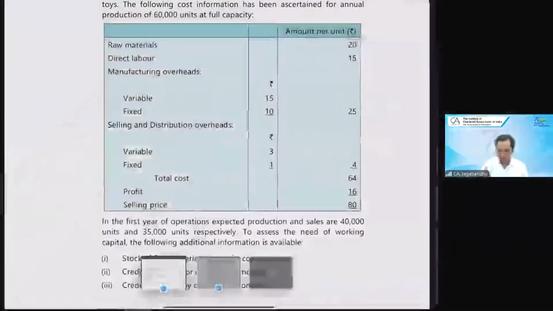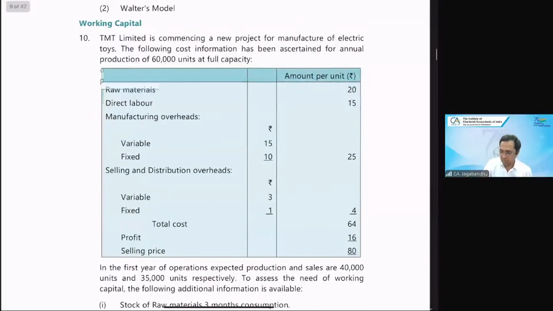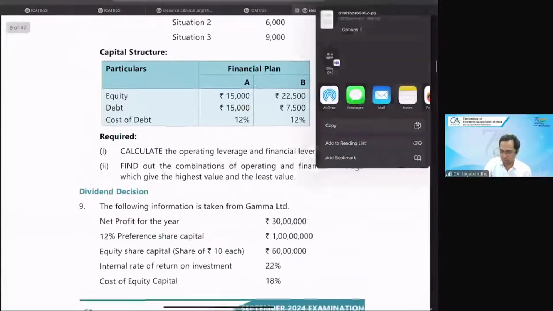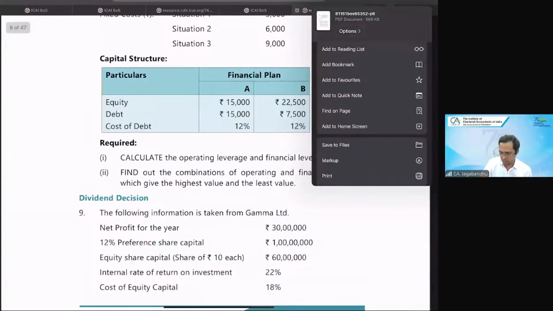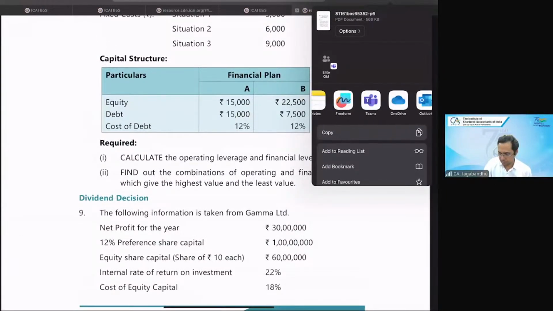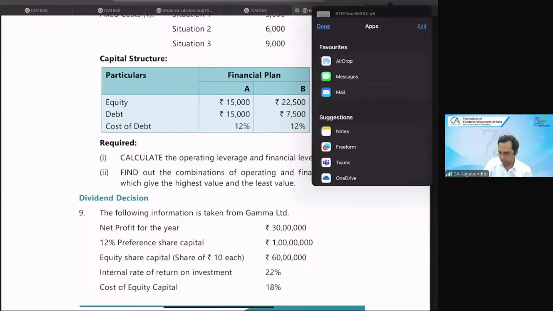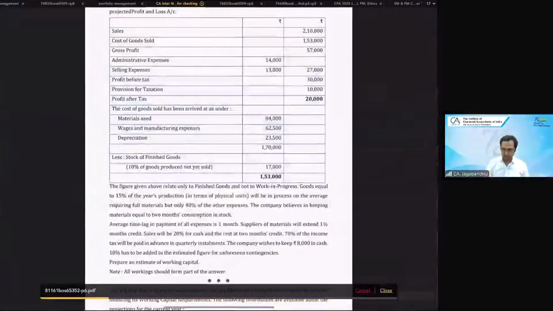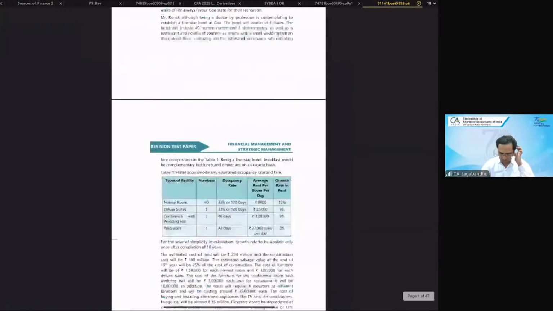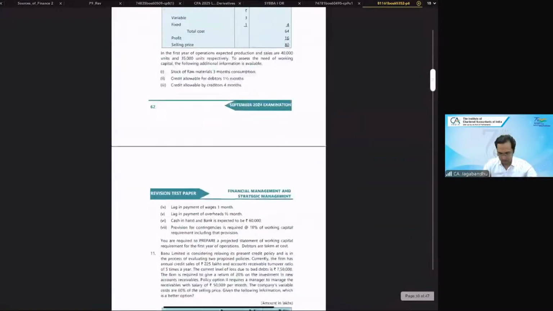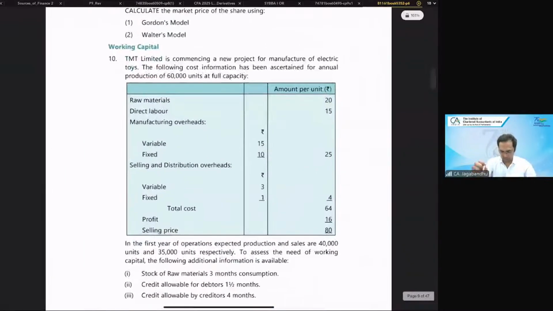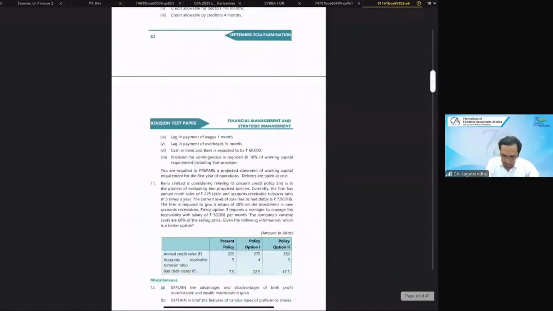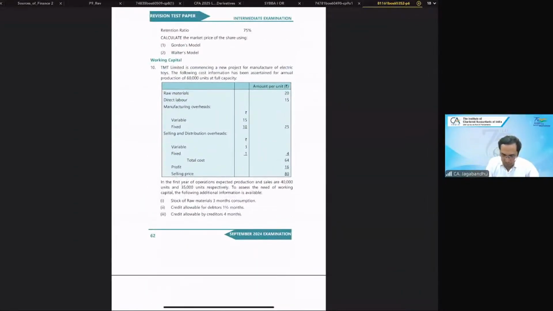Or I'll do one thing, wait. I'll just bring this question to our calculation part. Yeah, this is the question. Let me just take this question to you.